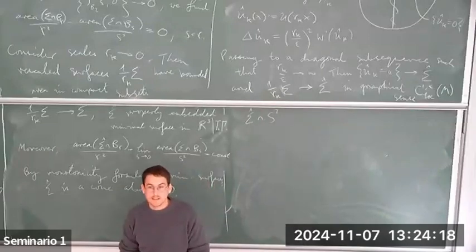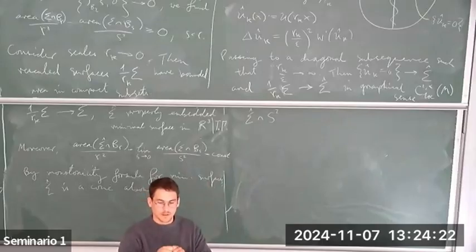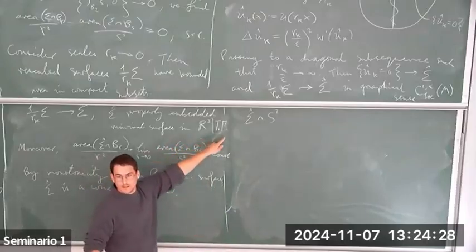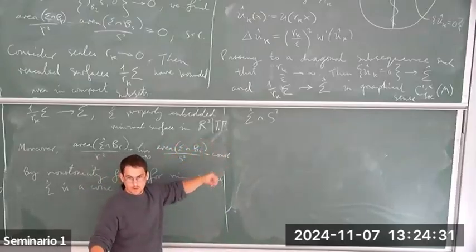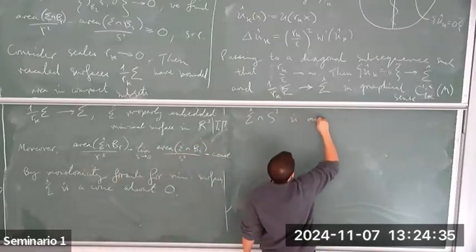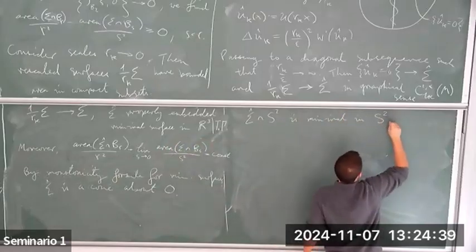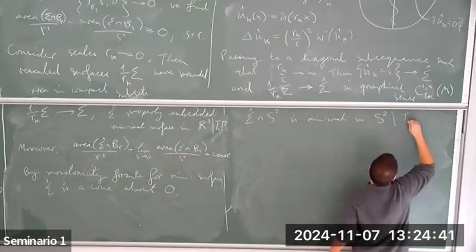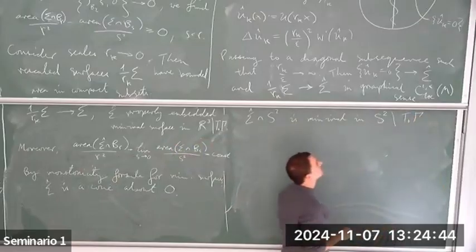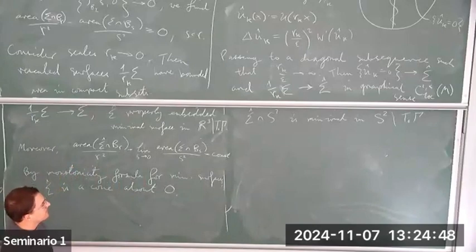We know that if we intersect it with S2, the link, we're going to get something which is minimal in S2 minus the two poles where the tangent line to gamma intersects.